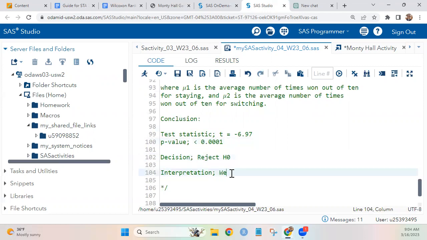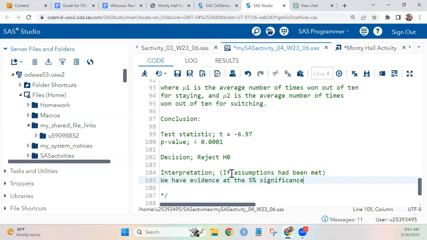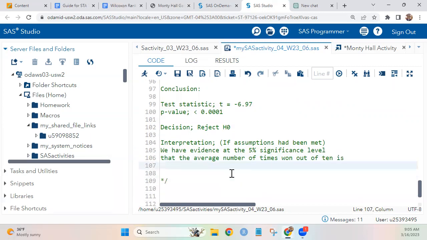So then we would say, and then what would we say here?